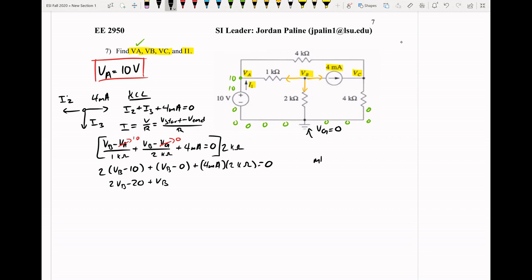Remember, milliamps is equal to 10 to the negative third. Then kiloohms is equal to 10 to the third. So those two will cancel out. I'll just write it out over here. So 4 times 10 to the negative third amps times 2 times 10 to the third ohms.